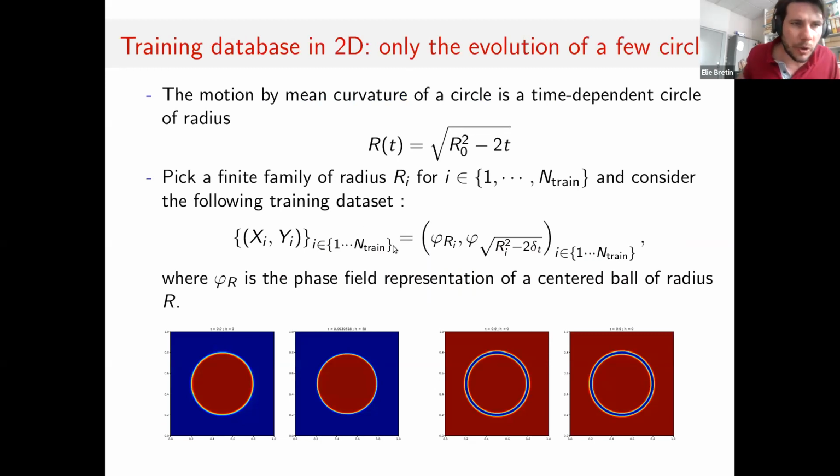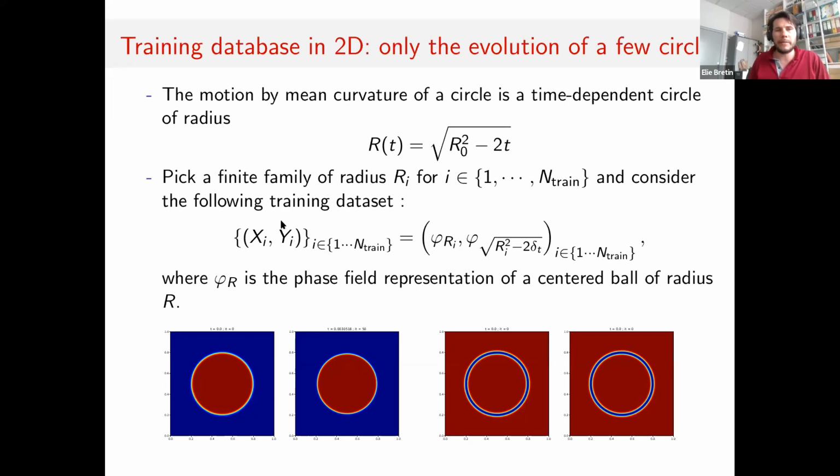Okay, so just a little point about the database. I explained that I only know the theoretical evolution of the circle, and this circle is given by a radius that satisfies this law.